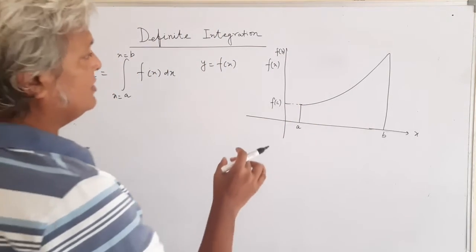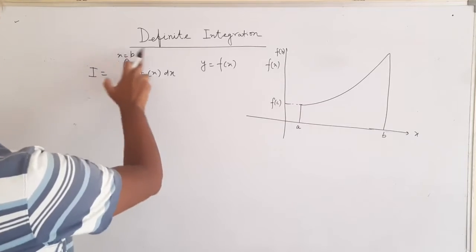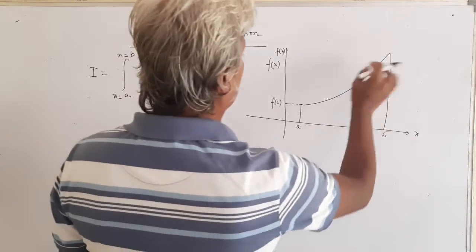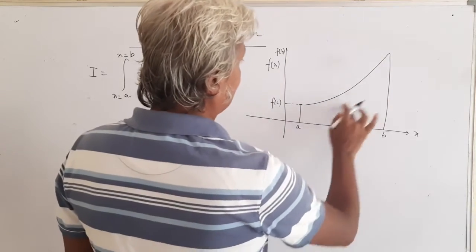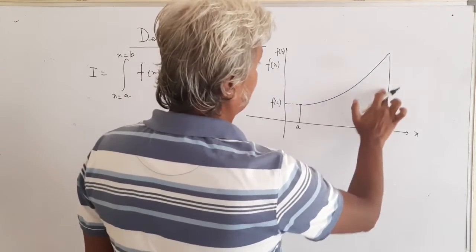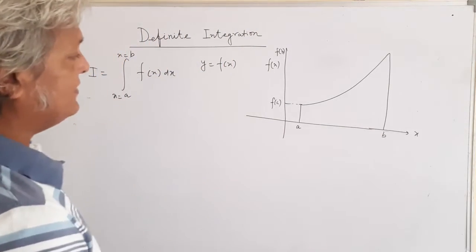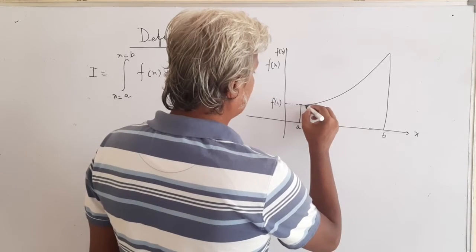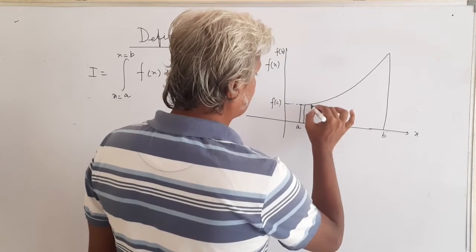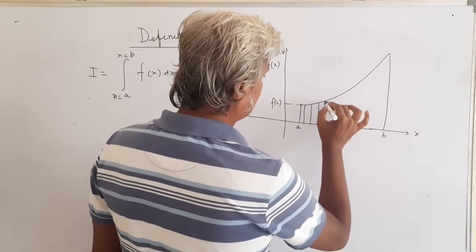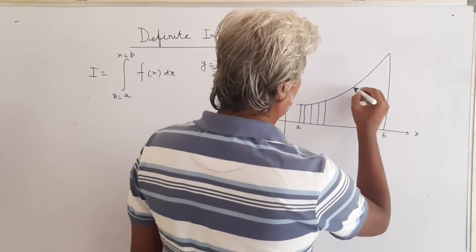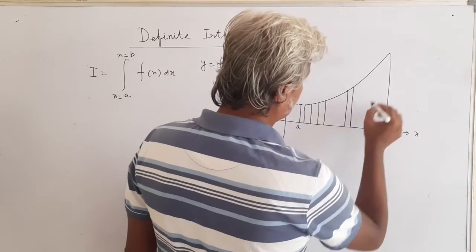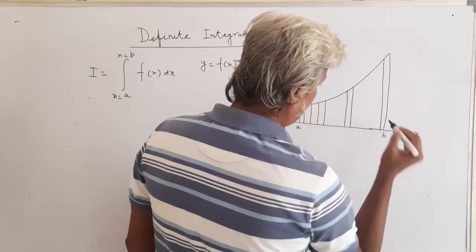Now to find the definite integration of this f(x) from the limit a to b, we are trying to find the area under this curve. Suppose I say find the area between the curve and the x-axis, then for the sake of understanding it is divided into a large number of rectangular strips like this. I cannot draw all, I take a few.